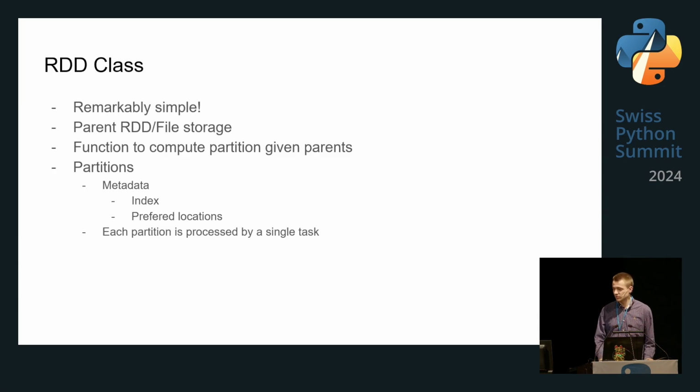So what do you need for recomputation? You need to follow the chain of computation steps, so you need to link back to your parent. You also need a function which can compute the partition based on its parents.